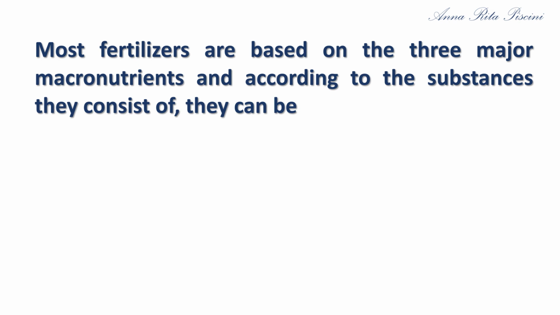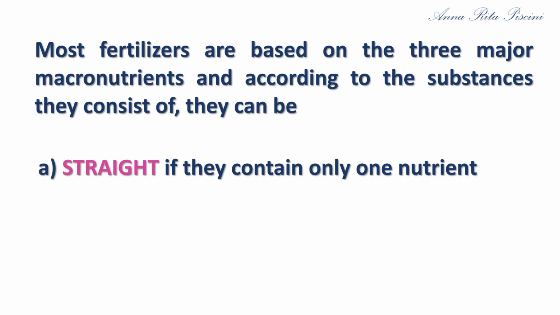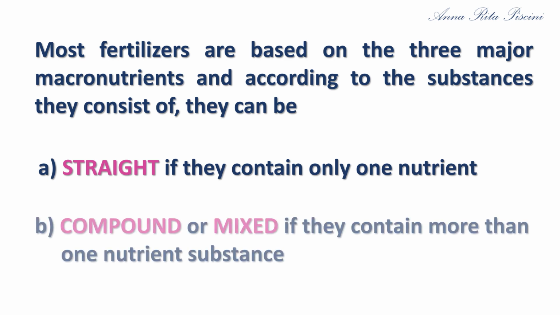Most fertilizers are based on the three major macronutrients, and according to the substances they consist of, they can be straight if they contain only one nutrient, compound or mixed if they contain more than one nutrient substance.